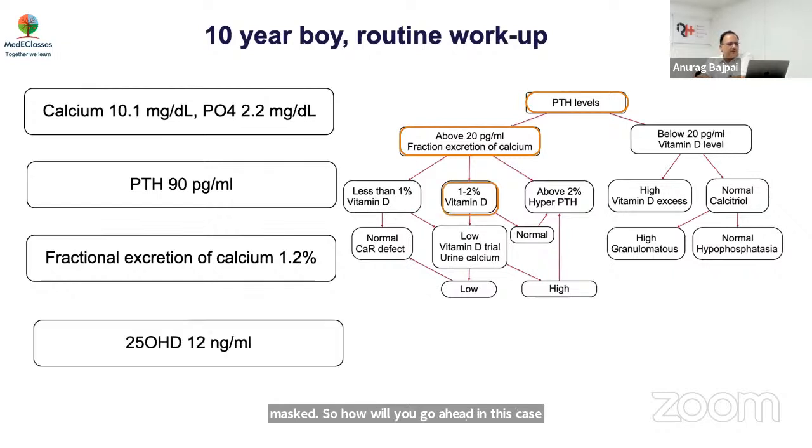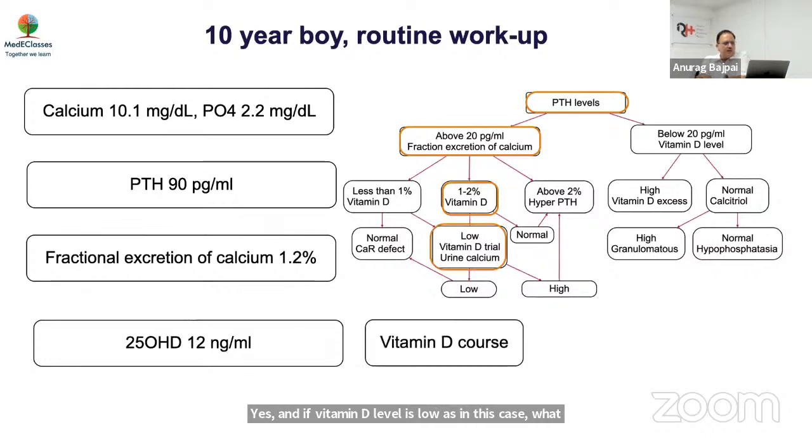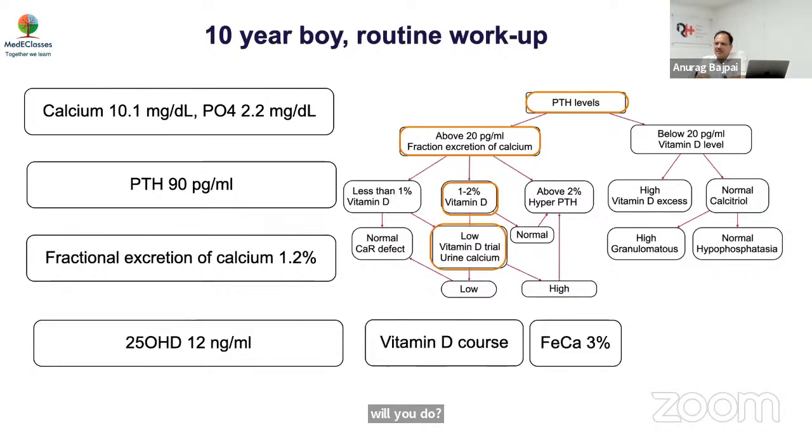Yes. And if vitamin D level is low, as in this case, what will you do? Yes. So we gave a course of vitamin D and the urinary calcium increased. So what it basically means is that this was actually a case of primary hyperparathyroidism. The severity of hypercalcemia and the severity of hypercalciuria was masked because of vitamin D deficiency.